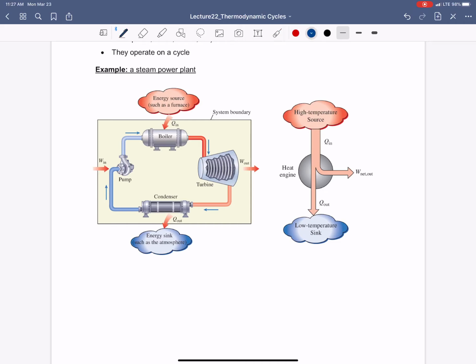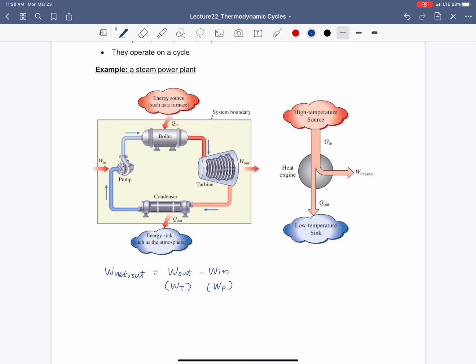Then the W net out, or net work output, from a steam power plant can be written as W out, in this case turbine work, minus W in, in this case pump work.